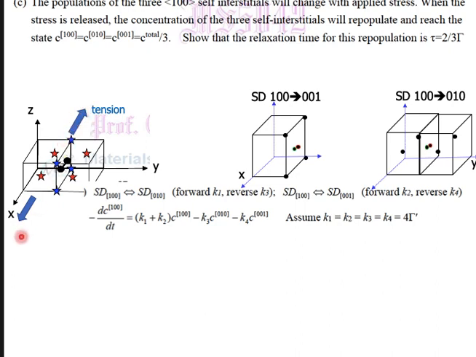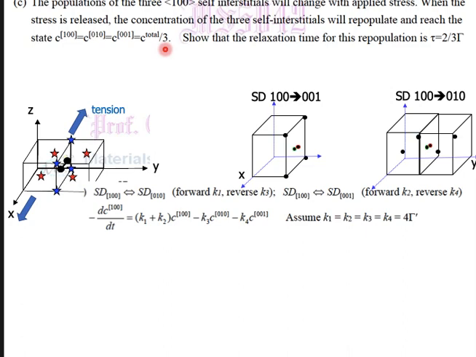So if I apply a tensile stress on these materials, then the interstitial atoms will move along the x-axis from the 2 other directions. So you can expect the concentration of 100 split dumbbell defects to be larger than the other directions, so the concentration of 100 for sure will be larger than C total divided by 3.